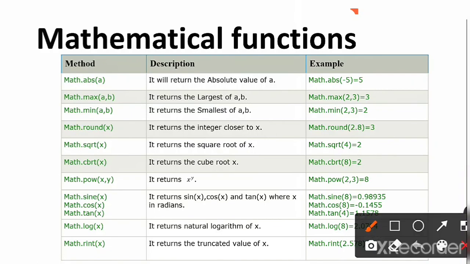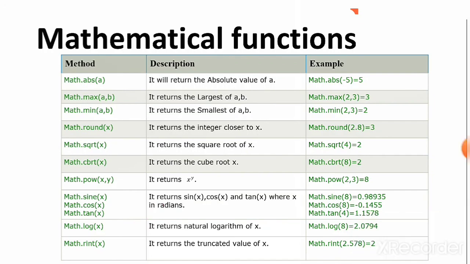To find the logarithmic value of a number, you can use this log function. Math.log of x returns the natural logarithm of x. For example, if I write math.log of 8, it will give you 2.0794.